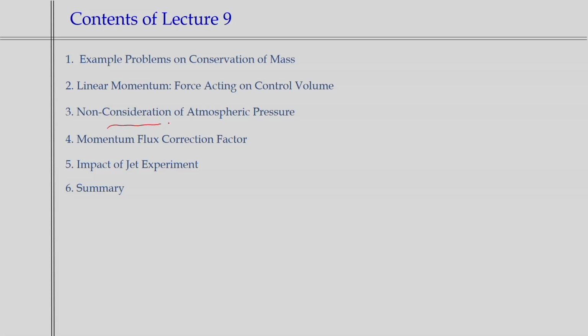Then what simplifications need to be made before applying the linear momentum equations, which we will discuss in terms of non-consideration of atmospheric pressure. Then what is called the momentum flux correction factor and how we use it. Then I will show the jet impact experiment, and then I will summarize.